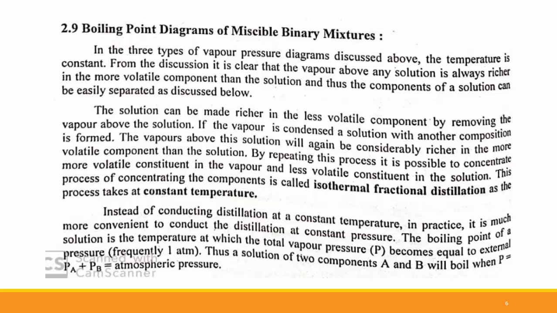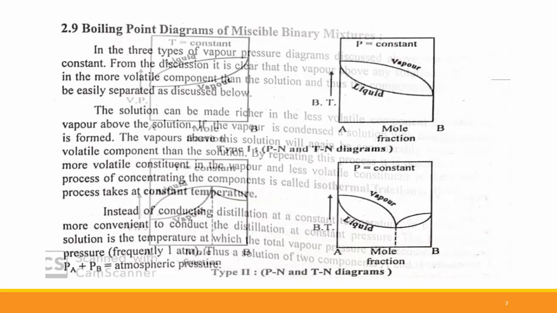From that it is very clear that the vapor above any solution is always richer in the more volatile component than the solution. Thus, the components of a solution can be easily separated. As discussed below, the PN diagrams and the TN diagrams are opposite to each other.